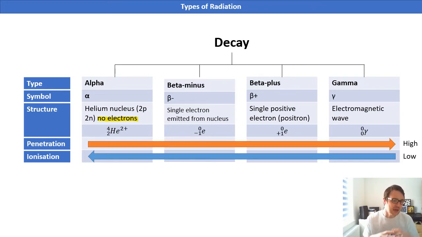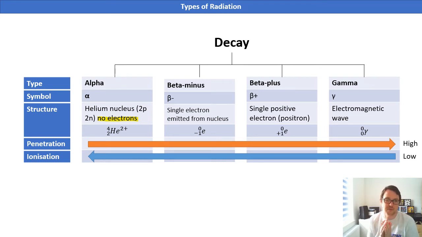So alpha is the big, heavy part of radiation, with a helium nucleus that's quite big, 2 protons, 2 neutrons, no electrons. It's a 2+ because it has no electrons, very low penetration, it's not able to get through paper, and very, very high ionization, which means it steals electrons very quickly and turns into helium gas.